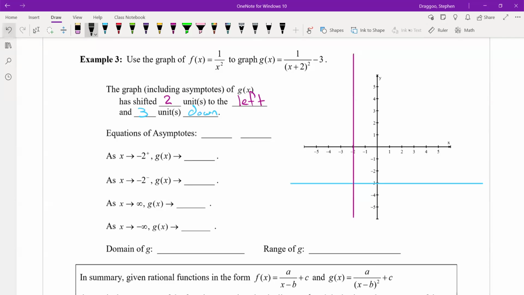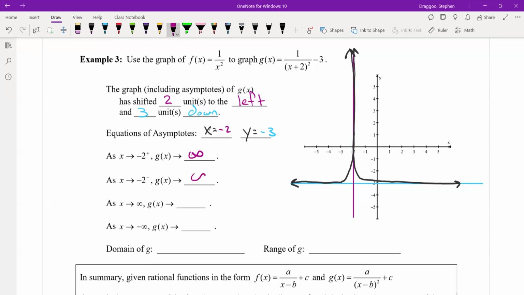Since this one was squared, they should both be above the x-axis, or rather above our horizontal asymptote of y equals -3. So those two asymptotes are at x equals -2 and y equals -3.